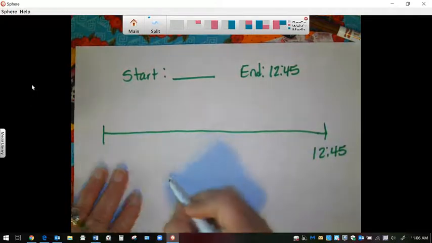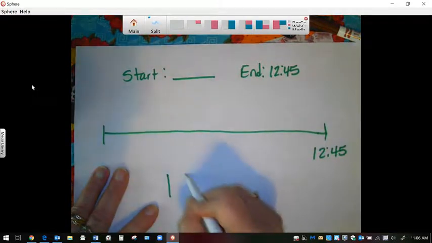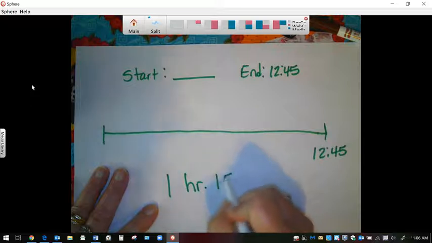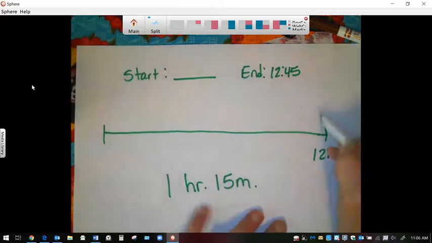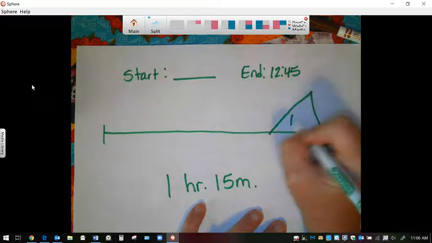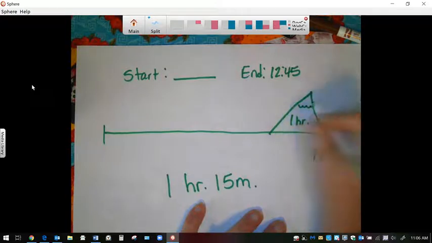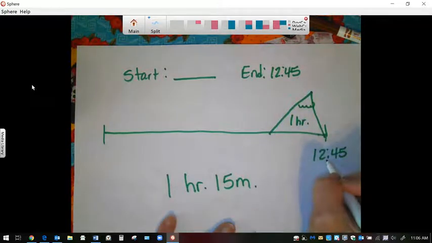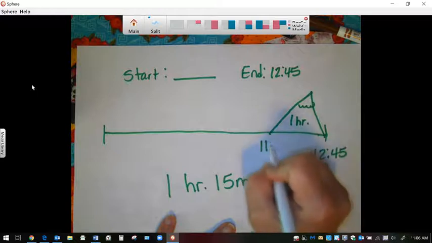So this time, we're going to work backwards because it already told us that the end time was 12:45. The elapsed time was 1 hour and 15 minutes. So we're going to do our mountain, the 1 hour. Now if I do 12:45 minus 1 hour, it is 11:45.